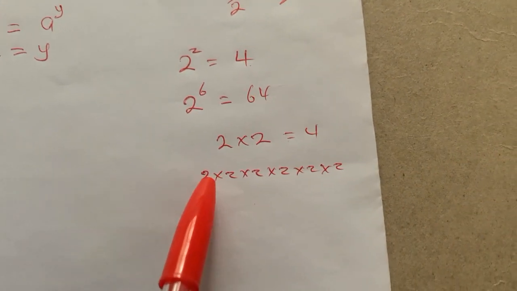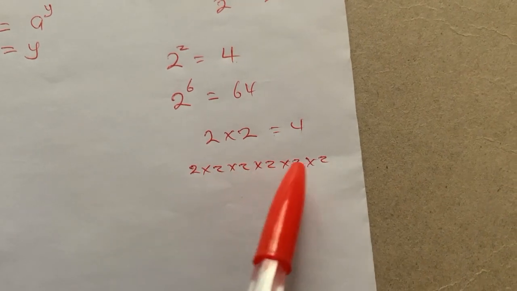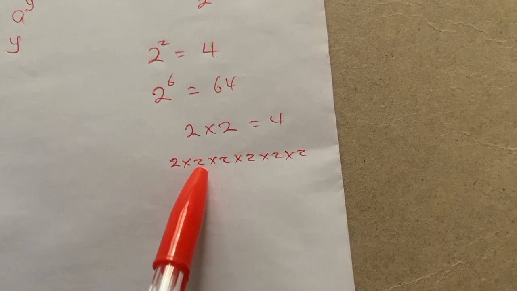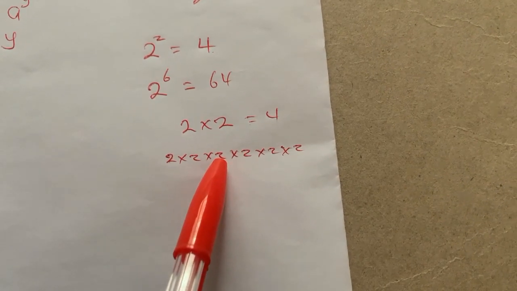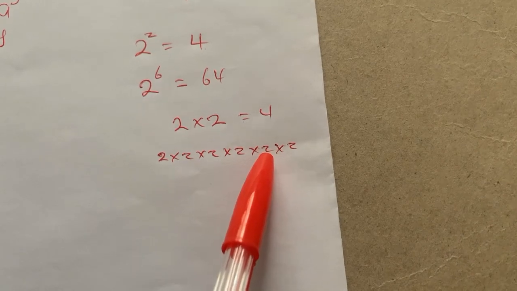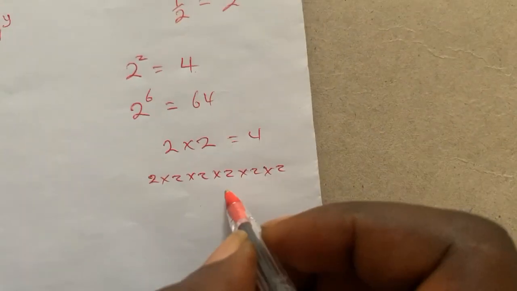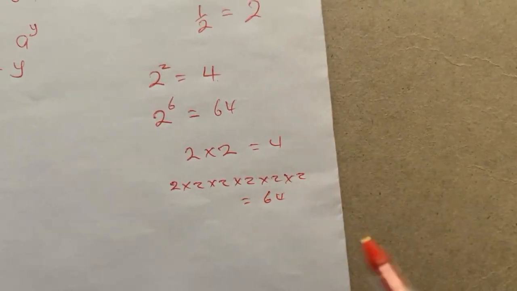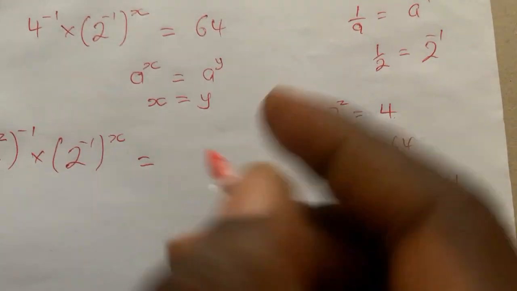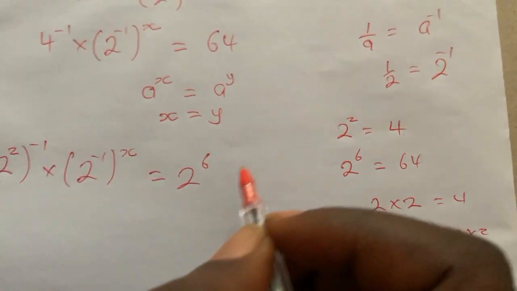Let's count: 1, 2, 3, 4, 5, 6, right? So 2 times 2 is 4. 4 times 2, 8. 8 times 2, 16. 16 times 2, 32. 32 times 2, 64. So this will give us 64. Okay, so in place of 64, we're going to write 2 raised to the power 6.